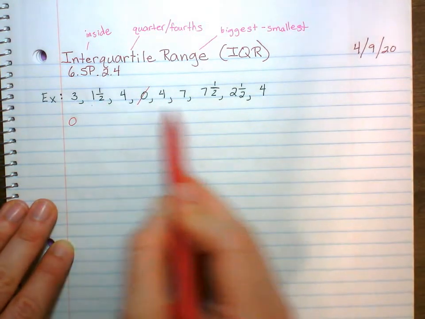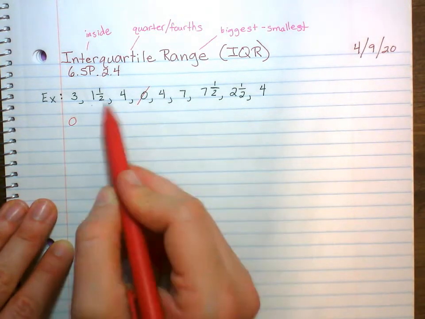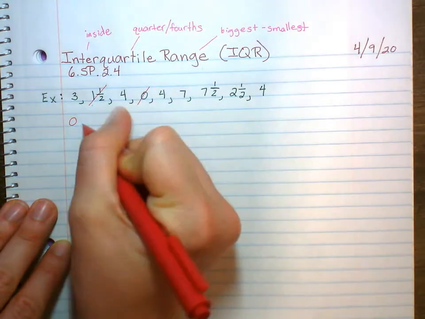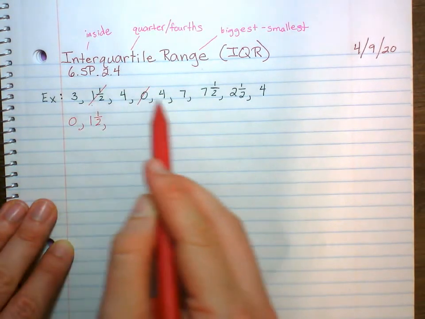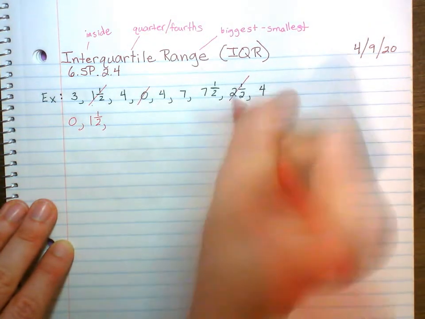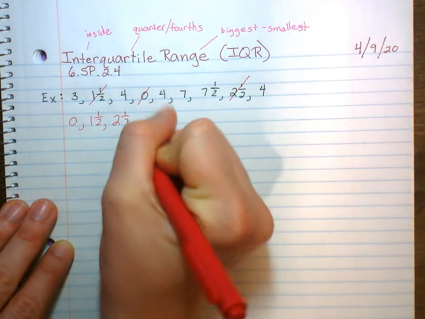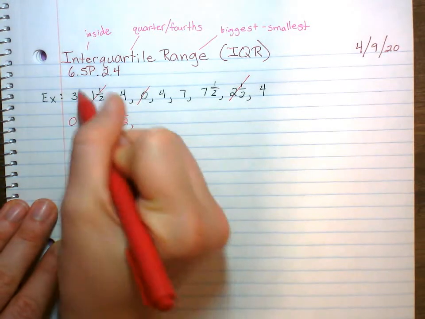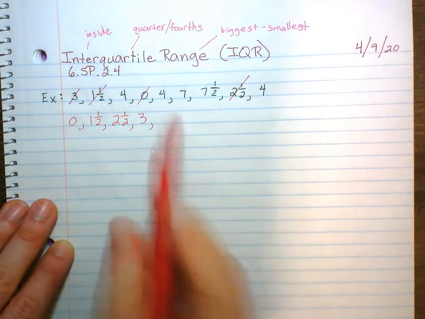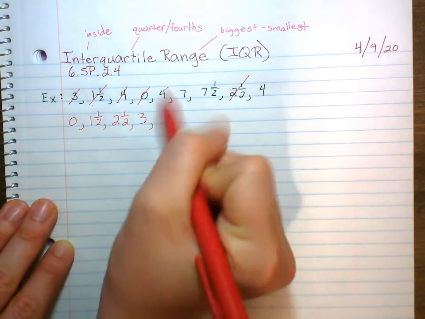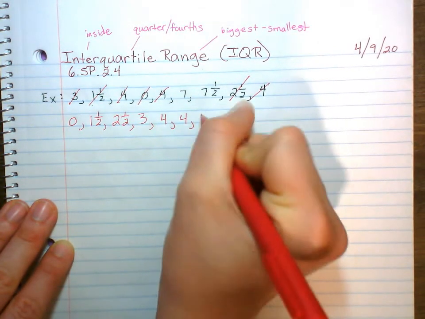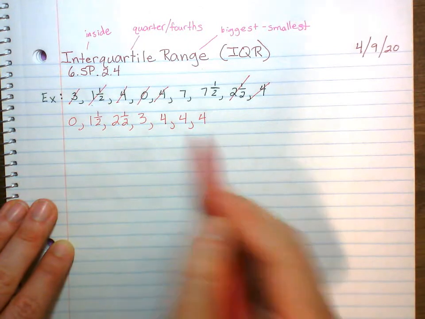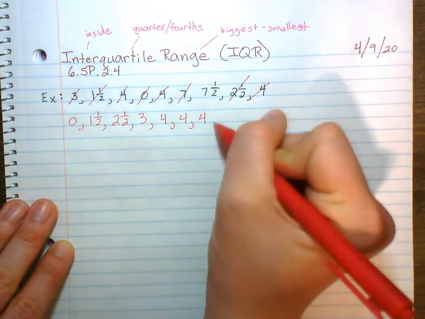Okay, then we have 1.5. All right, do we have any 2? 2.5. Any 3s? We have 1, 3. Any 4s? We have 1, 2, 3 4s.